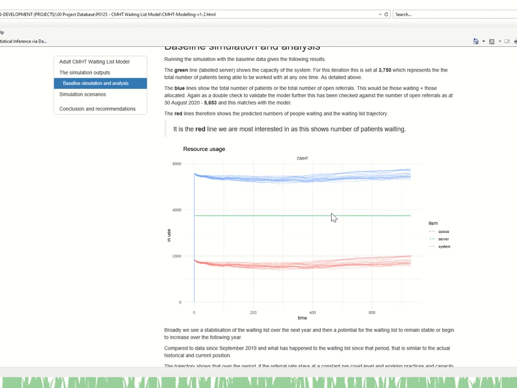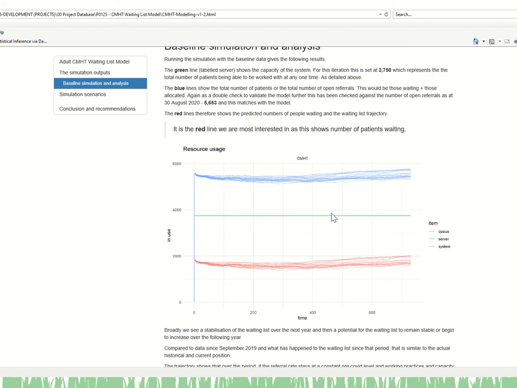And then I basically ran that through simmer and came up with a very basic baseline: if things go as they are, what do we expect to see? We looked at service utilization and also queue length.